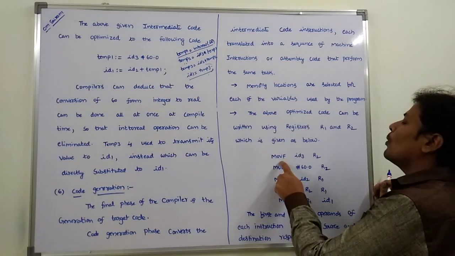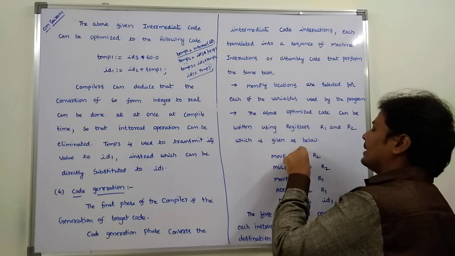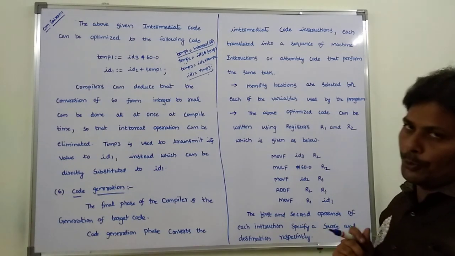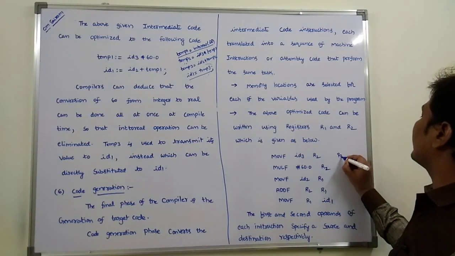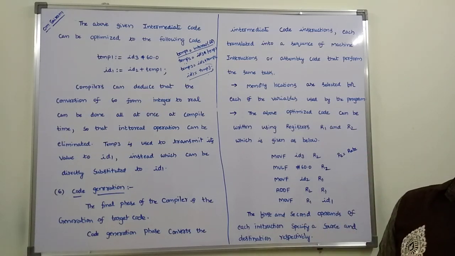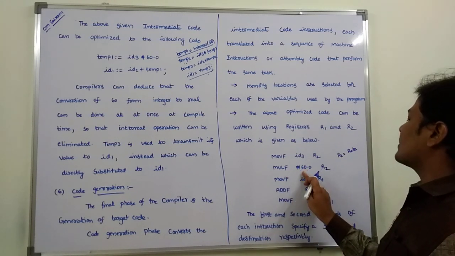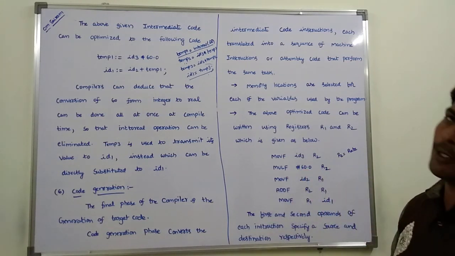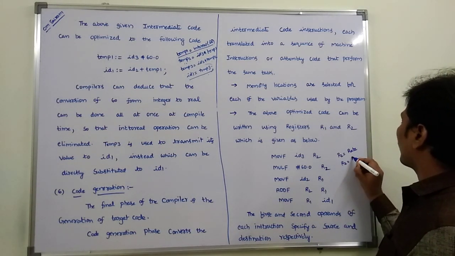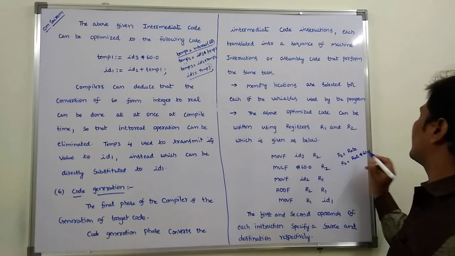First one is MOVF id3, R2. Whatever the content of id3 is moved to R2. So now R2 contains id3. id3 is rate, the identifier rate. Next, MULF #60.0, R2. So now R2 contains rate multiplied with 60.0.